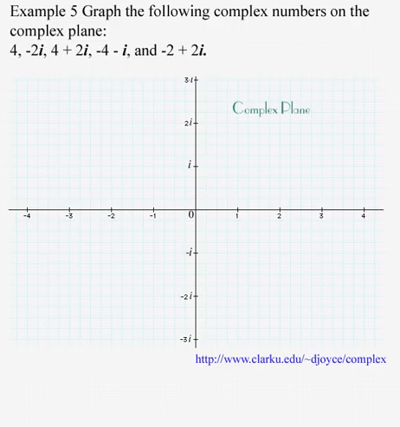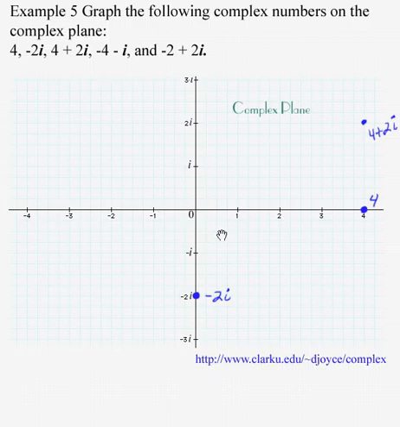It's contained in the complex numbers. 4 is located right here on the real axis. Its only component is 4. Then to graph negative 2i, its real component is 0, so it goes nowhere left and right. We go down 2i on the imaginary axis, plot that point, and label it.